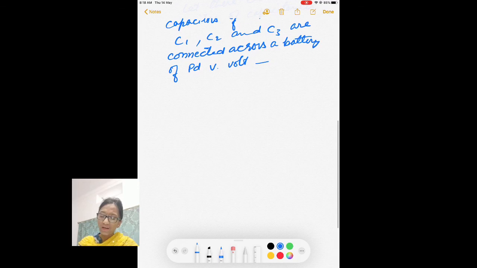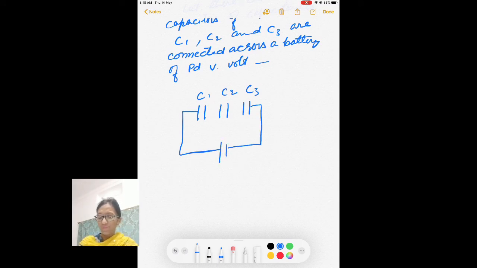As shown here, you have 3 capacitors of capacitances C1, C2, C3, and these are connected to a battery of potential difference V volt.